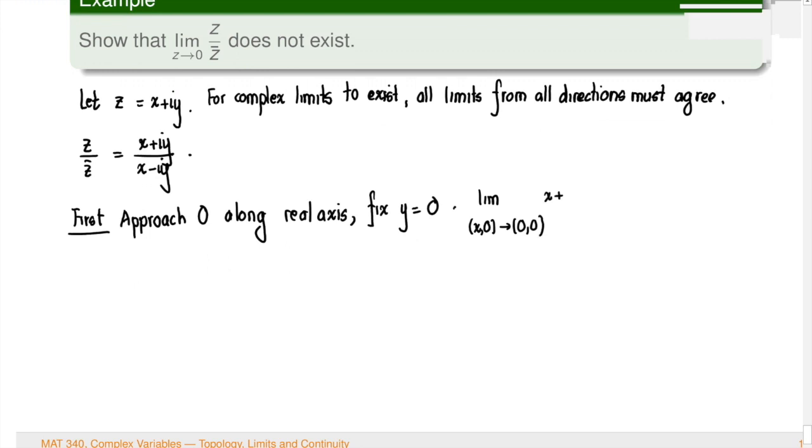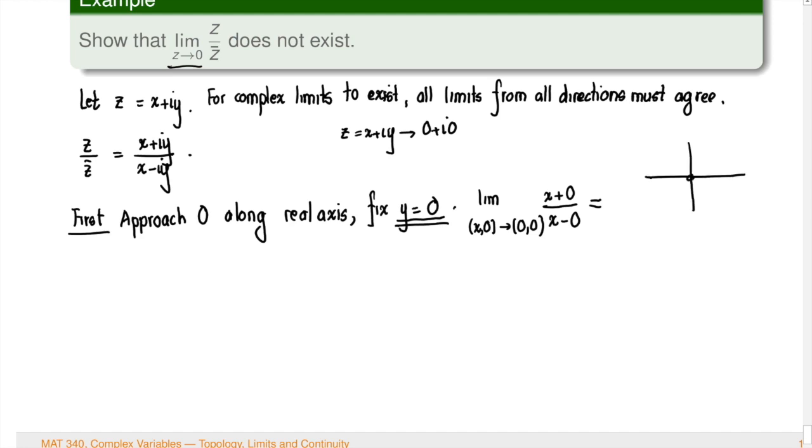And in this case, I get x plus 0 over x minus 0. Right, everyone hopefully is following. So what I said is we need to find the limit as z approaches 0. Remember, z approaches 0 means x plus iy approaches 0 plus i0. So we can do that along any direction. So what we're going to do is fix y equal to 0. So I'm going to approach this point here along that direction, see what happens. All right, so when I did that, I got that the limit is equal to 1.